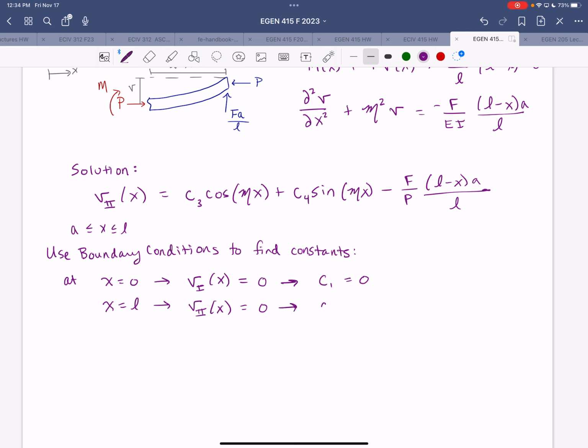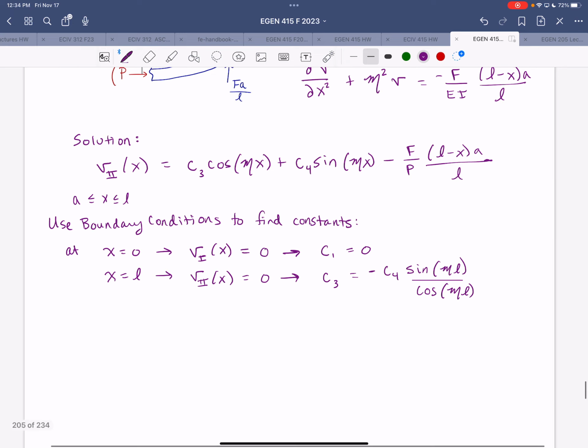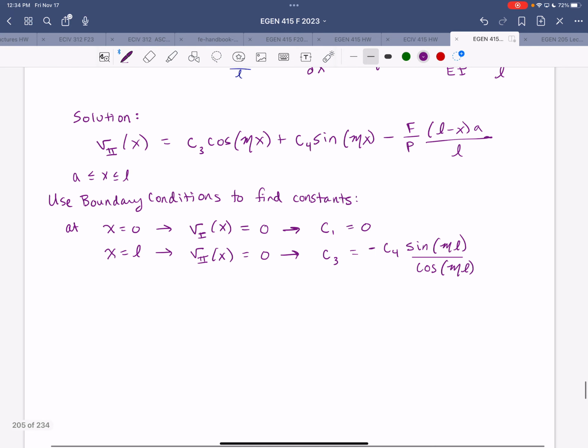So that will give us constant C3 is equal to negative C4 times sine of lowercase mL divided by cosine of lowercase mL. So we're making progress. Now we need two more boundary conditions.